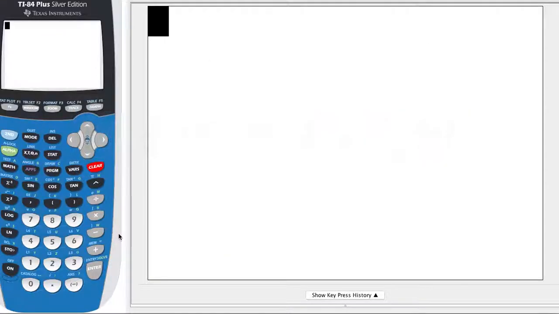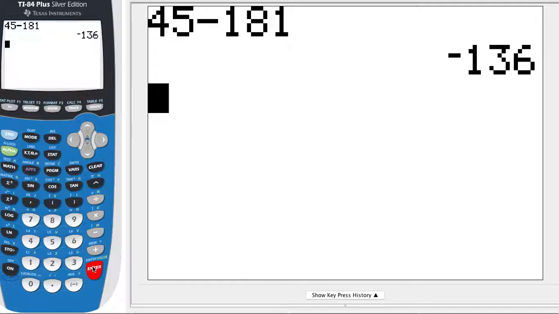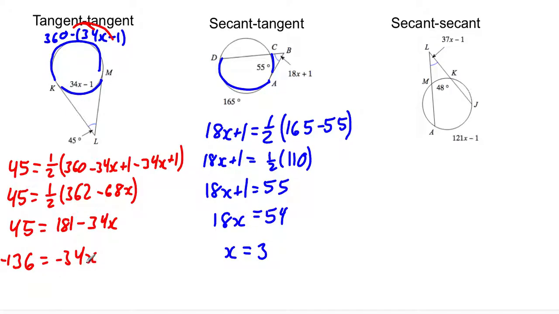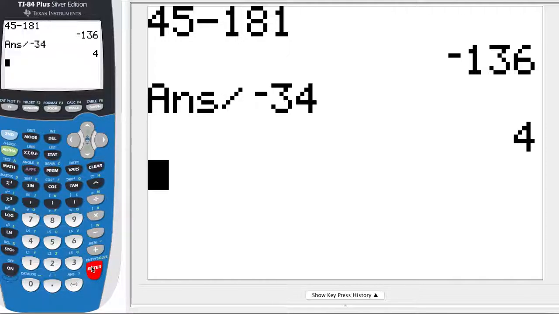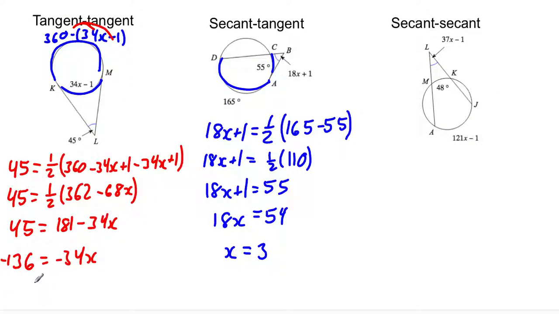Let me just double check that on my calculator. So again, I have 45 minus 181. Yes, that's negative 136. And then I can divide that by the negative 34. And I get that x is equal to 4.